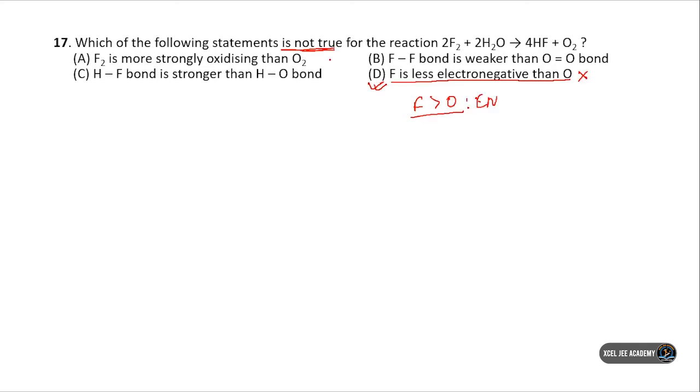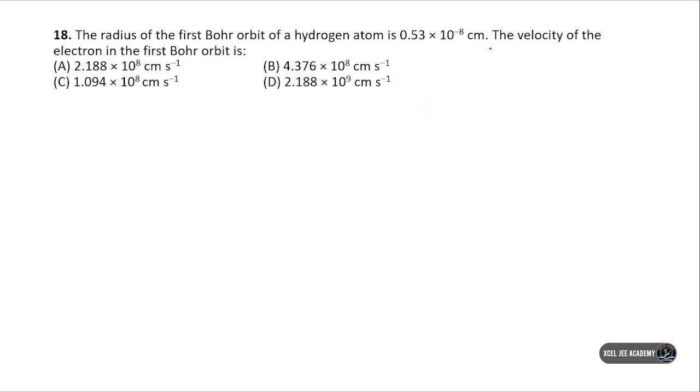Moving on to the next question, we have to find the velocity of the electron in the first Bohr orbit, and the data which is given is for the radius of the first Bohr orbit of hydrogen atom. So let's see first what is the formula of radius.